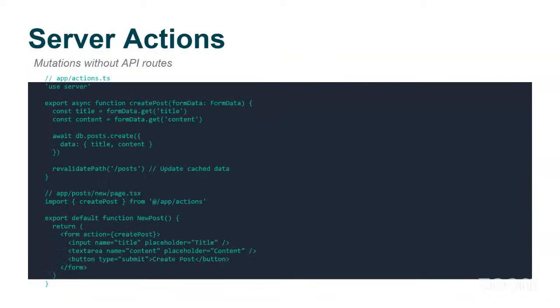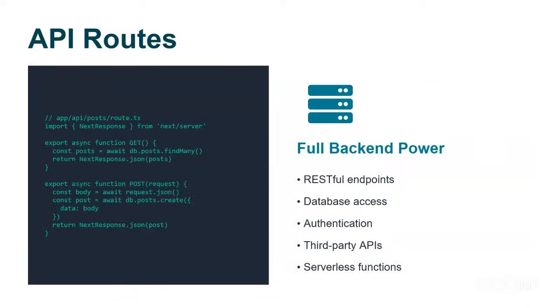We have server actions as well. This is something different from API routes. We can also create actions without utilizing the API route that I described in the previous slide, where we need to create a directory and a route.ts file, which serves as an API route.